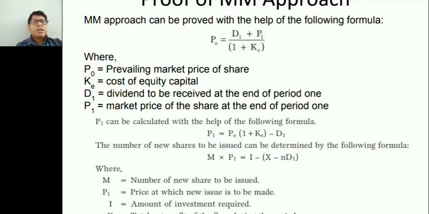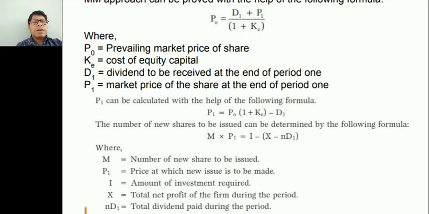At the same time, if we have to calculate the number of new shares to be issued, it can be determined like this: the number of new shares to be issued, called M, which we have to find out, into P1, the market price of the share at the end of the period, equals I, the amount of investment required, minus the dividend paid during the period deducted from the total net profit of the firm.